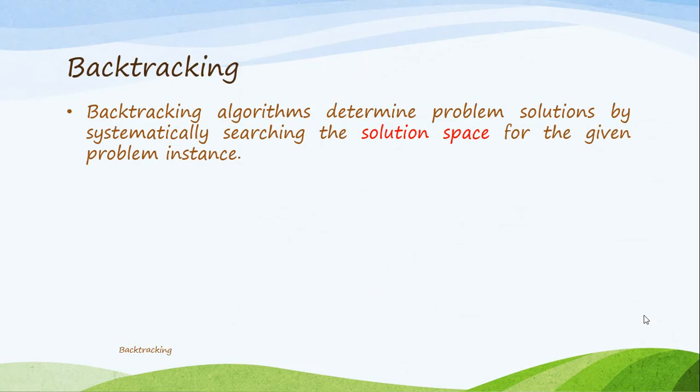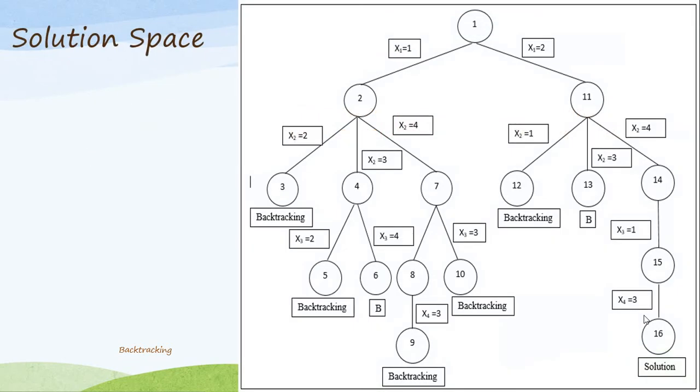Backtracking algorithms determine problem solutions by systematically searching the solution space for the given problem instance. So this is the solution space for the 4 queens problem. Here a similar tree can be added for x1 equal to 3 and x1 equal to 4.